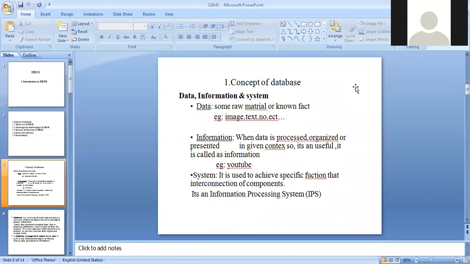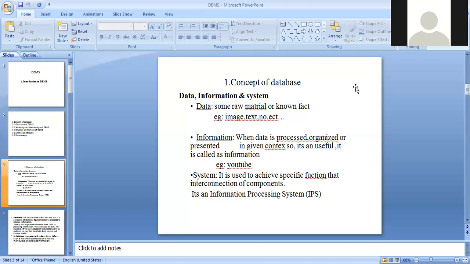The third part is system. A system is used to achieve a specific function through the interconnection of components. Interconnection of components means the connection between two things. The system here is an information processing system, called an IPS. IPS means information processing system.